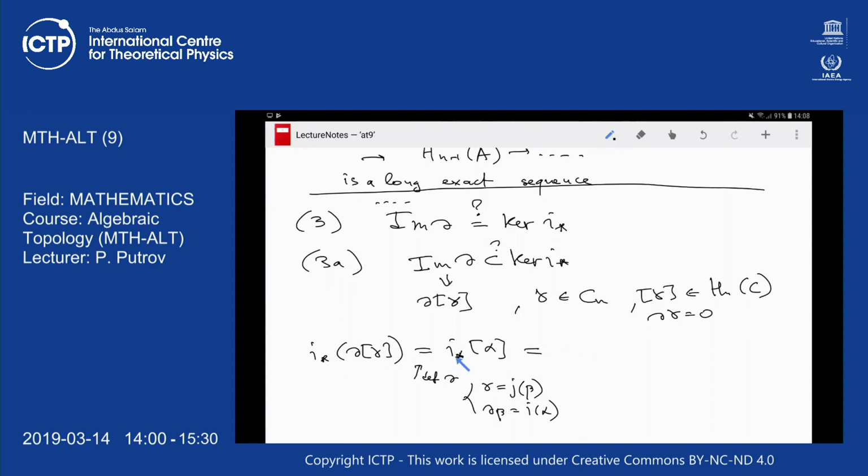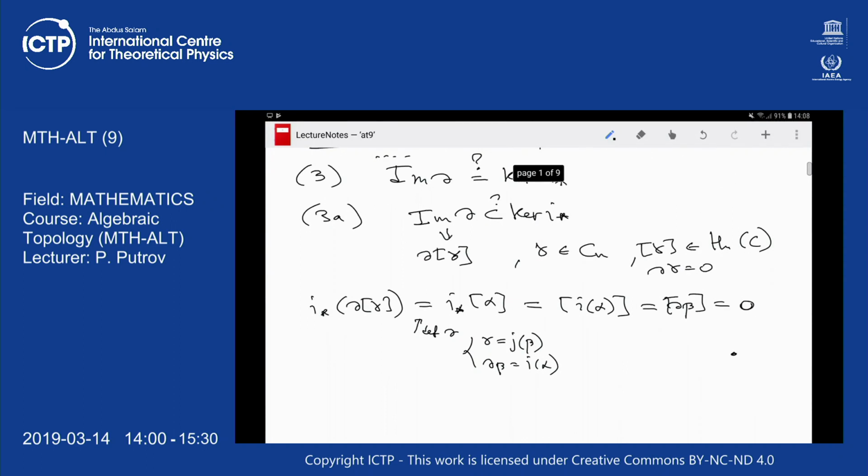By definition of the induced map, this is the same as the class of I acting on alpha, and then we use the definition, so we can replace I alpha with d beta, but since this is d of something, this is 0. This represents a trivial element in homology. So indeed we started with some element here and showed it is in the kernel of I star.